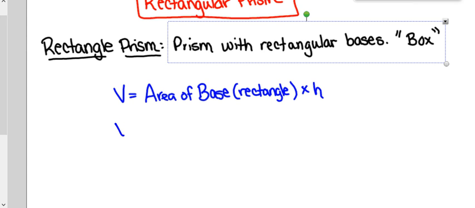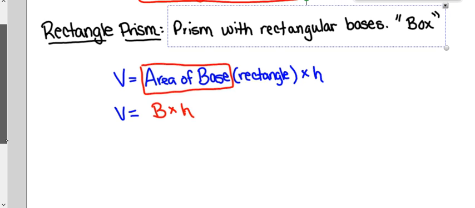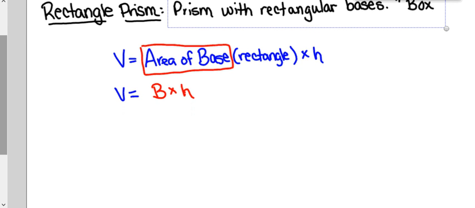And remember that for our triangular prism, the variable that we used to represent area of the base was a large B, or an uppercase B, capital B, times the height. But watch this. This is really cool. Remember that for our rectangular prism, our base is in the shape of a rectangle.